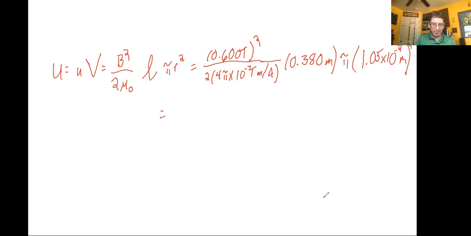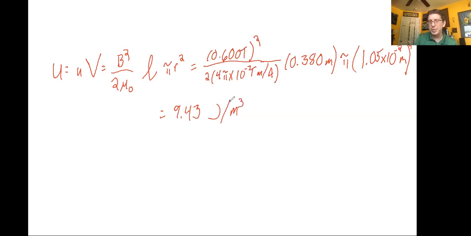And again, the pi terms cancel out. So you can just divide by 4 times 10 to the negative 7. Then multiply by 0.38. Then multiply by 1.05 times 10 to the negative 2 and square that. And what you get is 3 significant figures, so 9.43 joules per cubic meter.